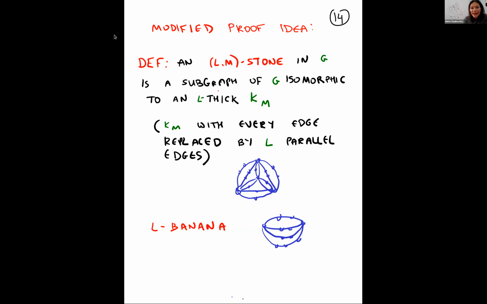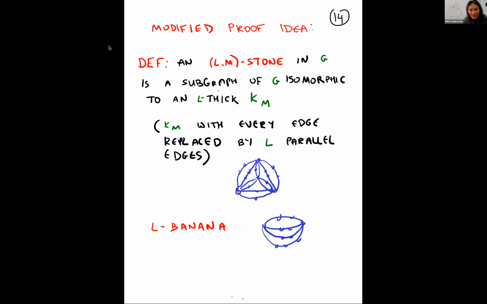Okay, so an LM stone is a subgraph that's isomorphic to an L-thick KM. So you start with a complete graph on M vertices, and you replace each edge by L parallel edges.